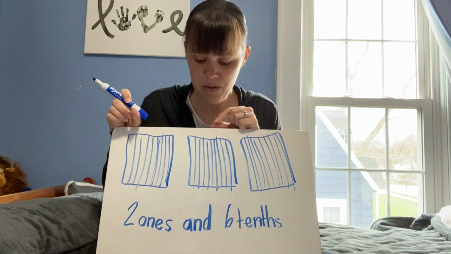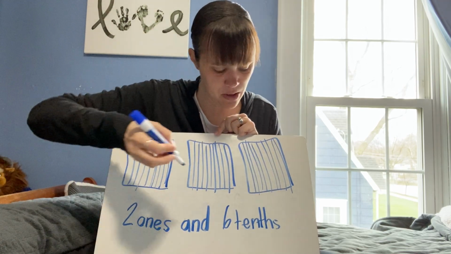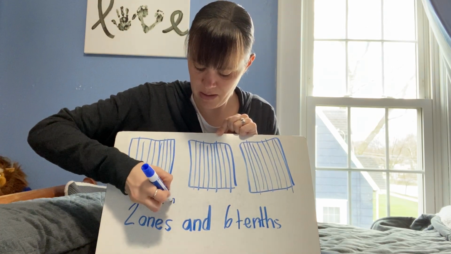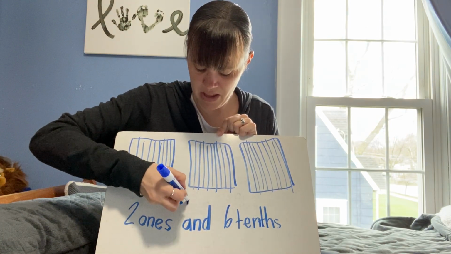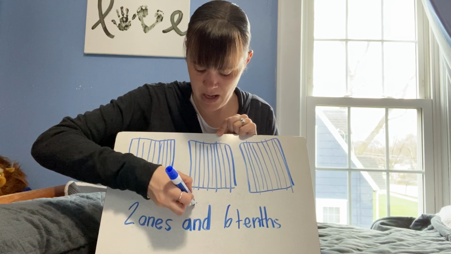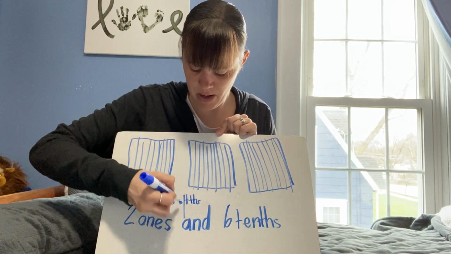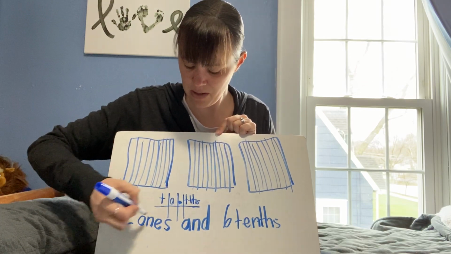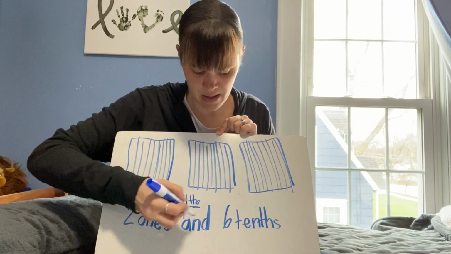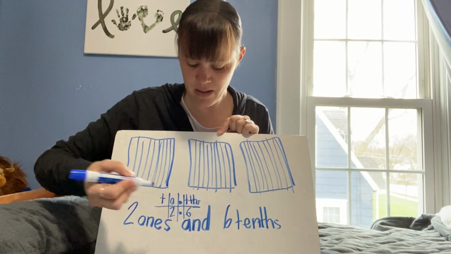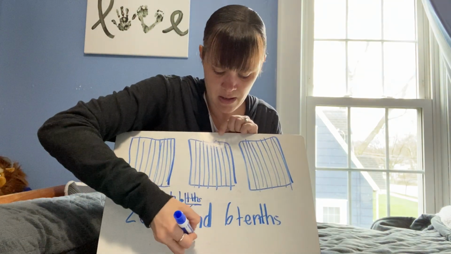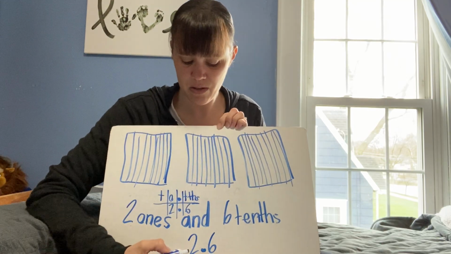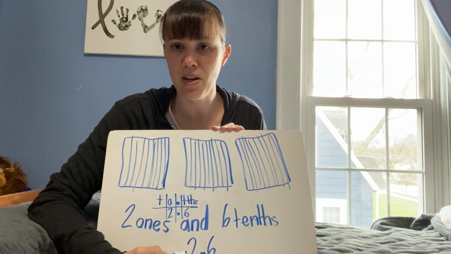Hopefully not. 2 ones, if we look at a place value chart, we have tens, ones, our decimal, and then tenths. I'm going to put TH so we remember that. Well, I don't have any tens. I have 2 ones and 6 tenths. So it's 2.6. There's our decimal, 2 and 6 tenths. This is in our ones. See, it wasn't as bad as you thought.